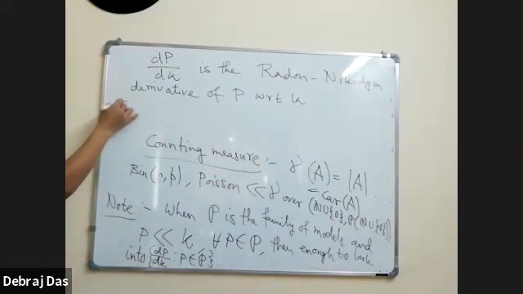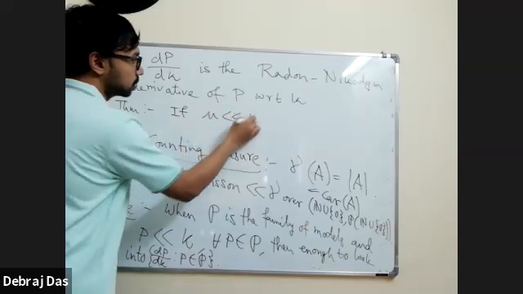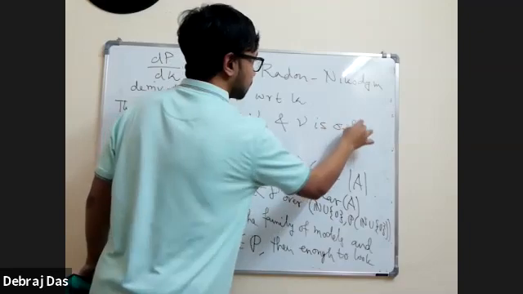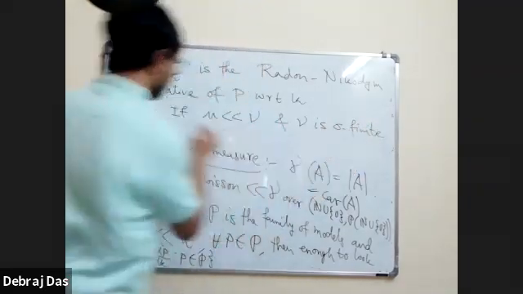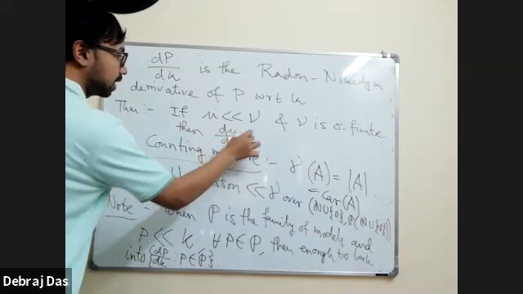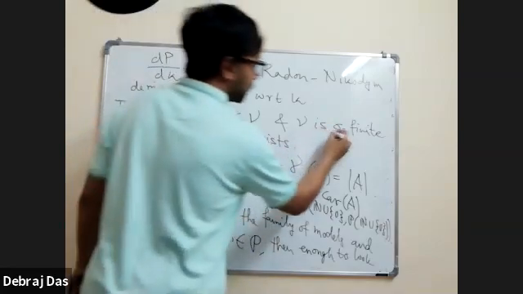And there is a theorem that says if mu is absolutely continuous with respect to nu, and nu is sigma finite, then d mu by d nu exists. So what is sigma finiteness?